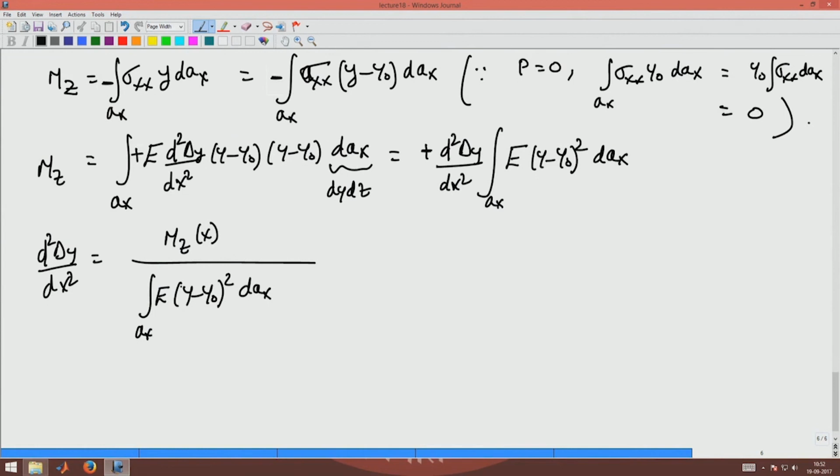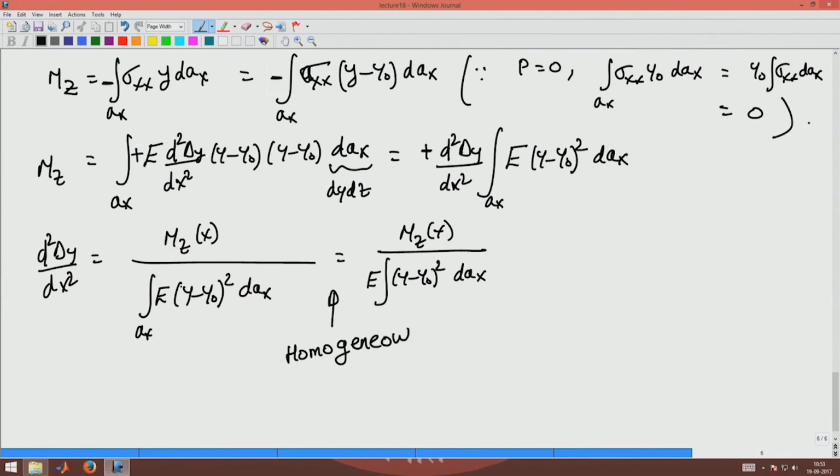We saw that if the beam is homogeneous, E would be a constant, and hence you get Mz of x divided by E times integral (y minus y naught) whole square dAx. This is for the homogeneous beam assumption.